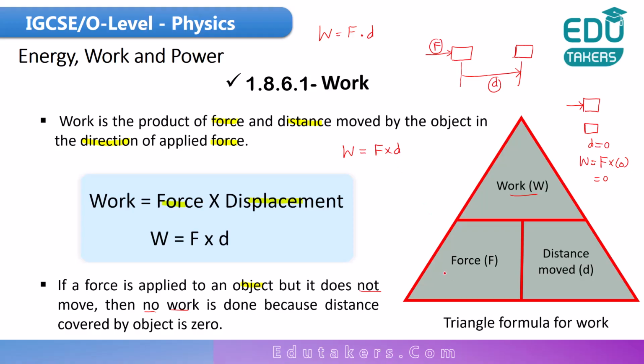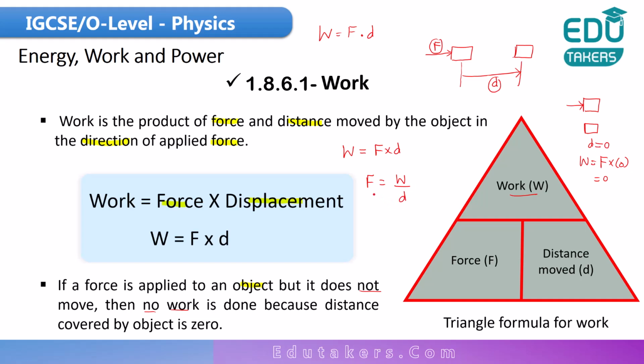Second, if you have to calculate the force, how can you calculate the force? By the triangular formula. Make the force the subject. It would be equal to the work, which is appearing at the top, so there would be work divided by distance because the distance is appearing at the bottom.